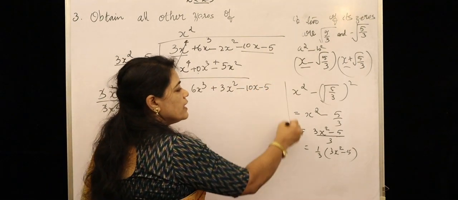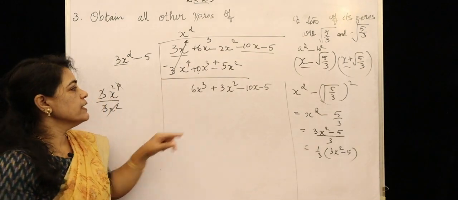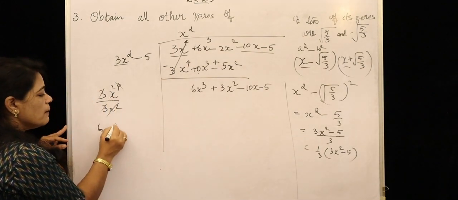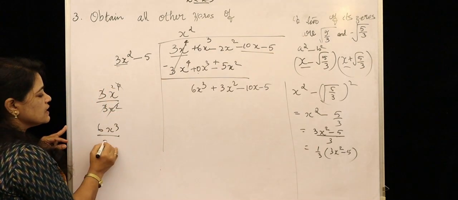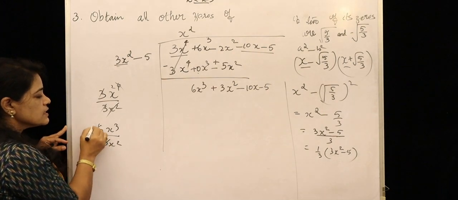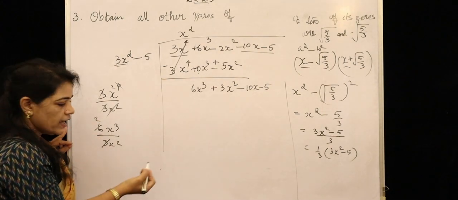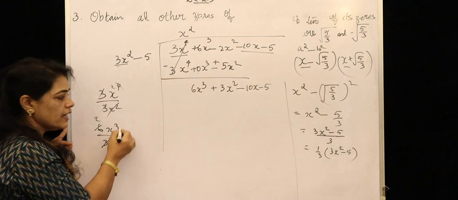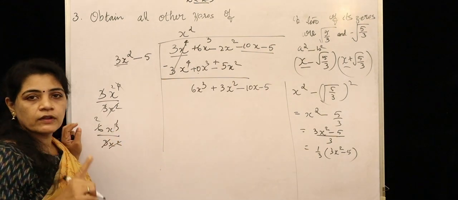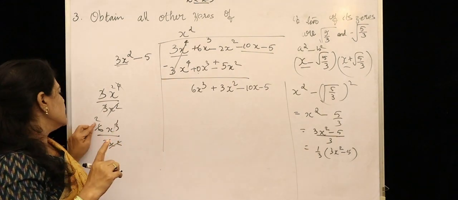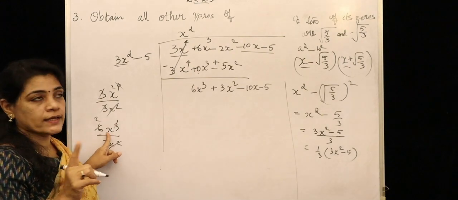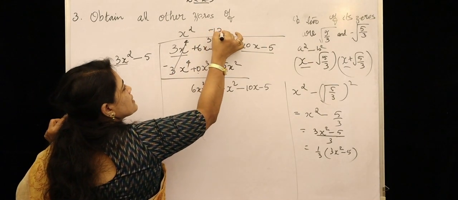Now we can continue the division by taking 6x cube, divided by the first term, that is 3x square. 3 in 6, 2 times. Now for the variable we have to divide x cube by x square, so 1 x will be there. So that term is plus 2x.